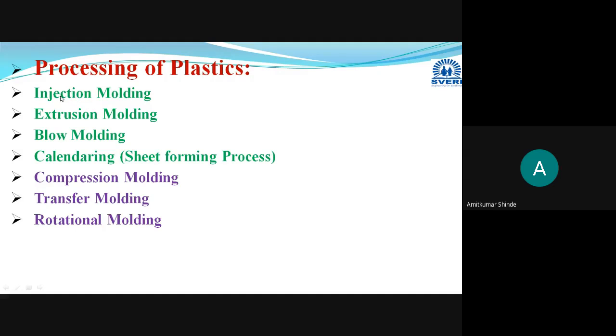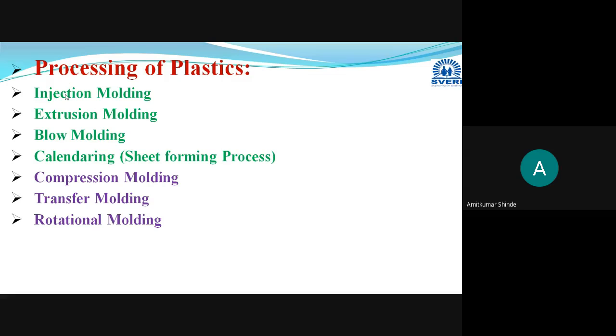Now the first four methods I have highlighted in green color: injection molding, extrusion molding, blow molding, and calendering. These four methods are generally used for thermoplastic materials.